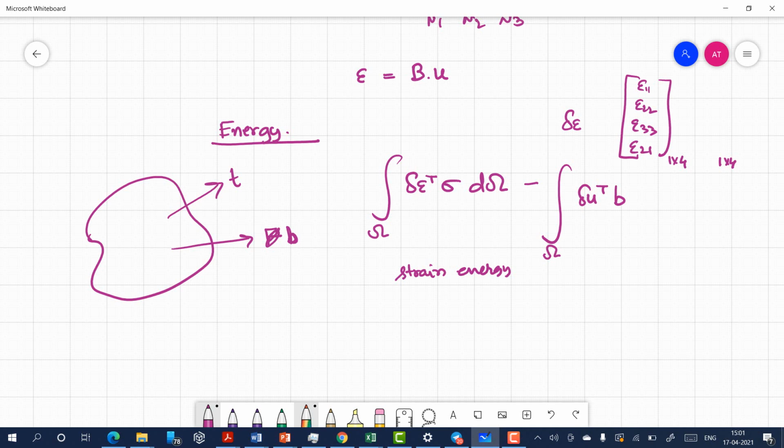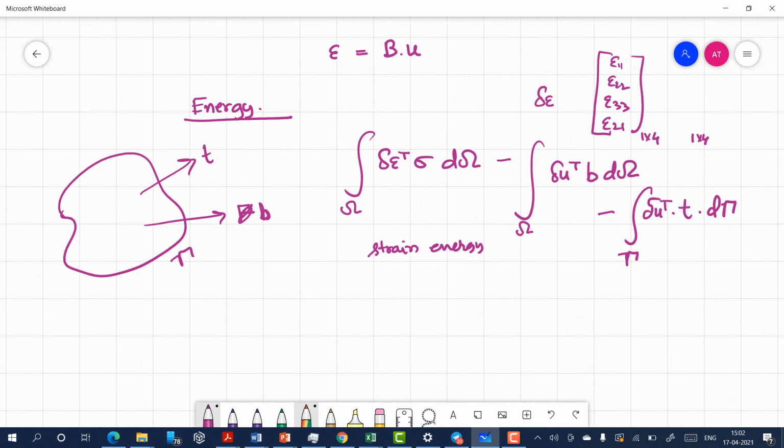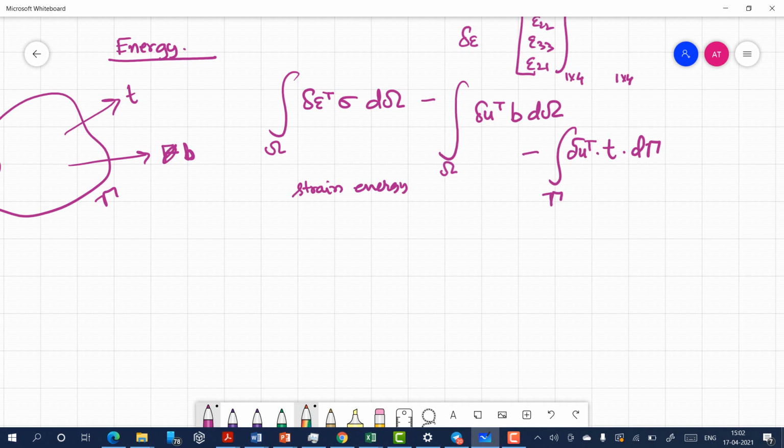So these are the body forces, small b, integrated over the volume d omega, and then I have the surface traction, because of which I have the displacement, and that times the traction forces integrated over the boundary of the surface. The surface is gamma. These are the terms I am going to have, and assume that the deformation is very small.